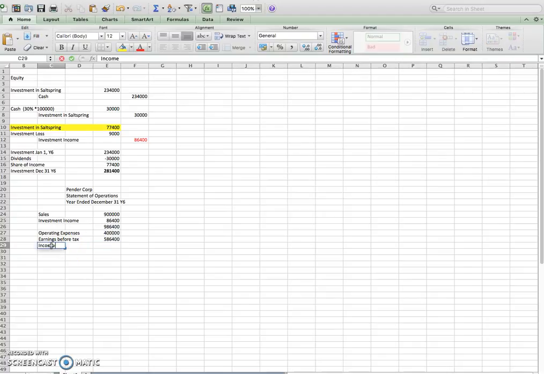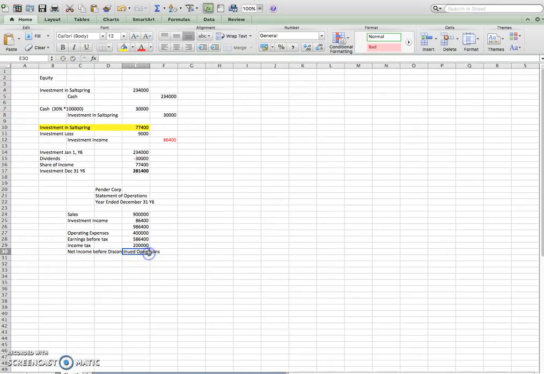Then we have our income tax. We were told it was $200,000. Now we have our net income before discontinued operations. And this is going to be that $586,400 minus our $200,000. And I'll make it look pretty in a second.